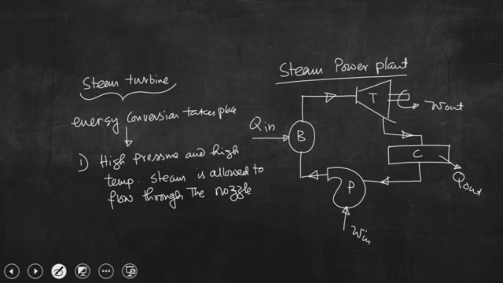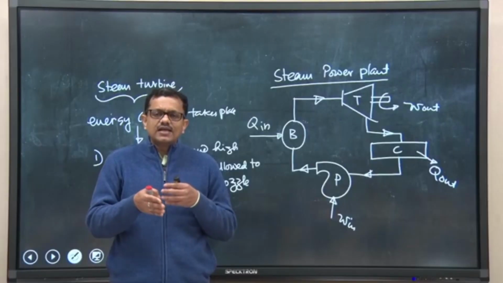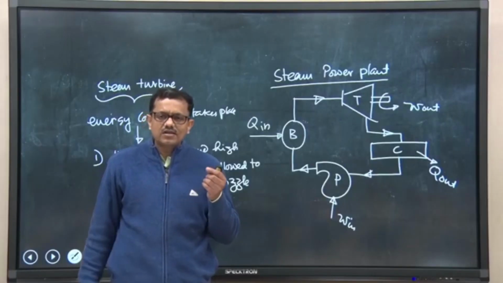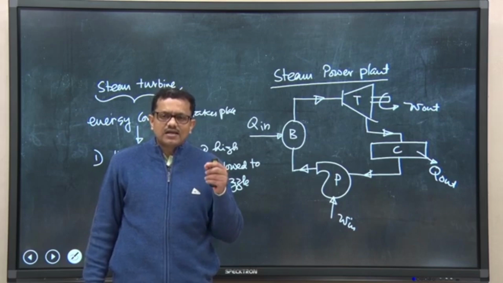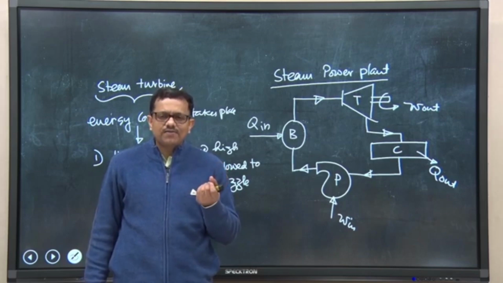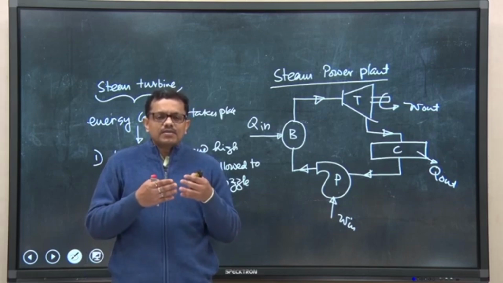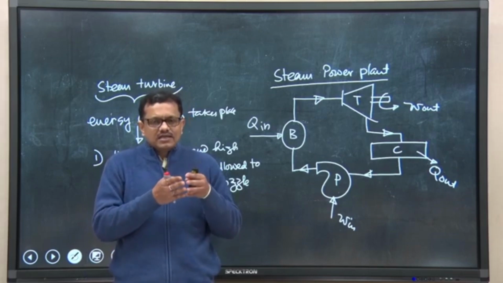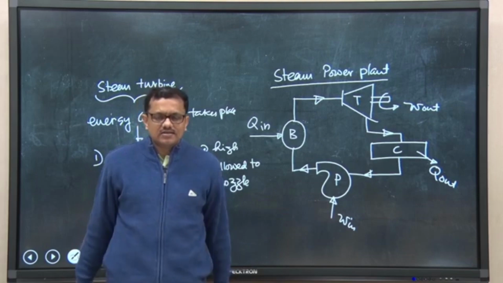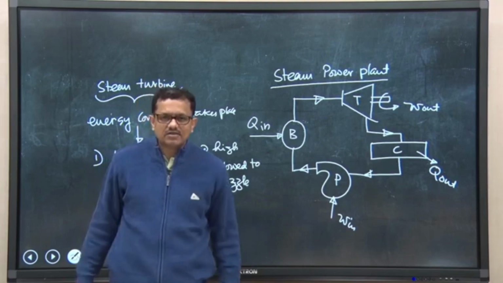Nozzle is again a mechanical device which is having gradually decreasing area. If a device is having gradually decreasing area in the direction of flow, that is nozzle, if it is having gradually increasing area in the direction of flow, that is diffuser, sometimes a device may have decreasing and then increasing area. So, that is convergent divergent nozzle.